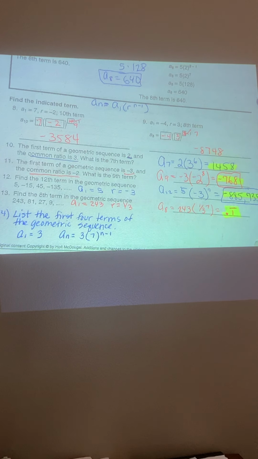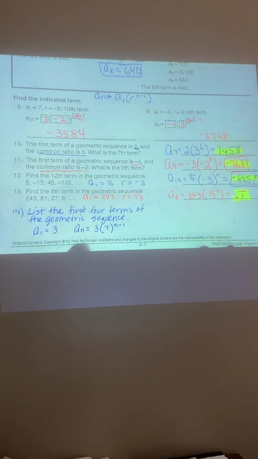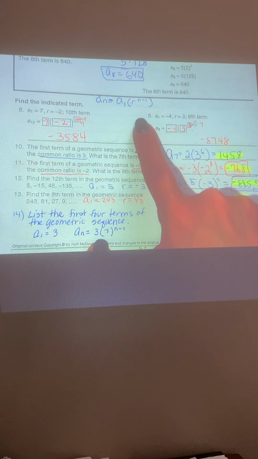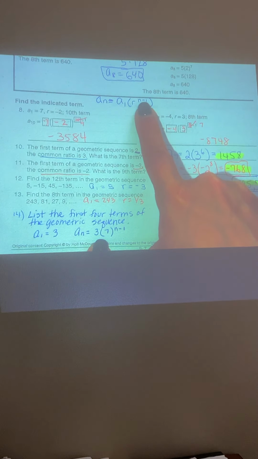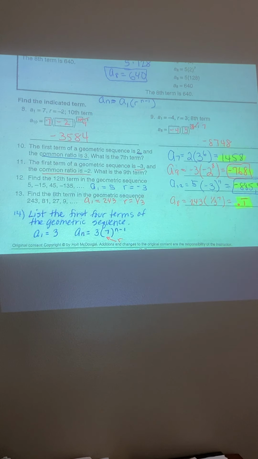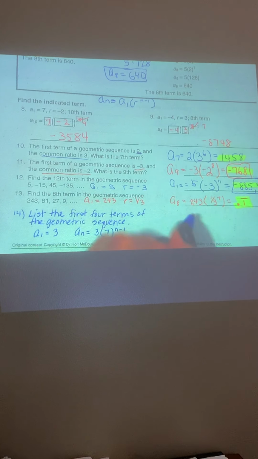All right, and the last problem. List the first 4 terms of the geometric sequence. Now, doesn't this look like this? Looks identical. So here's your first term, 3, and isn't this the common ratio? So the first term is 3, and the common ratio is 7.